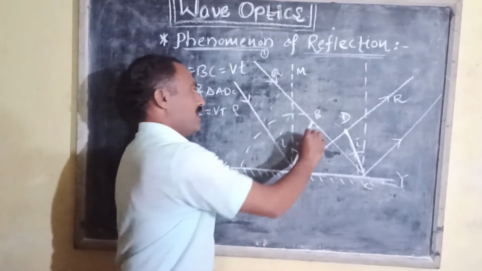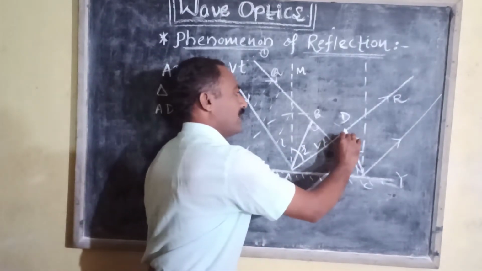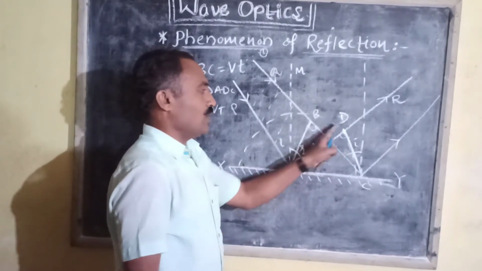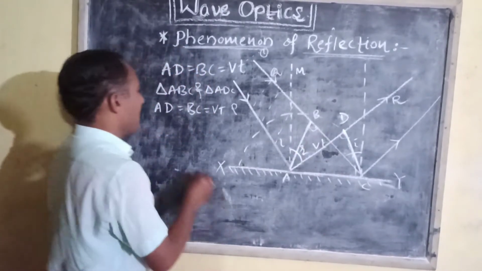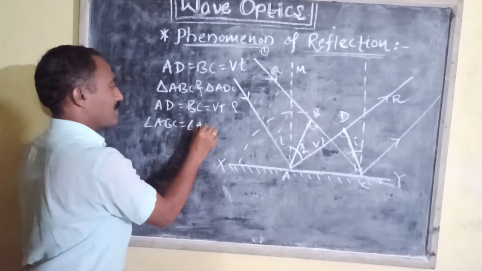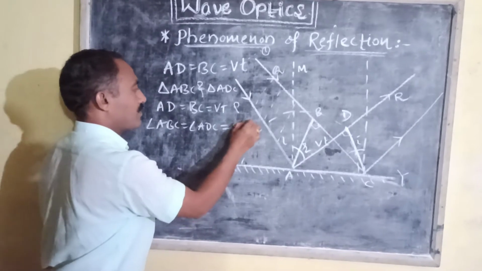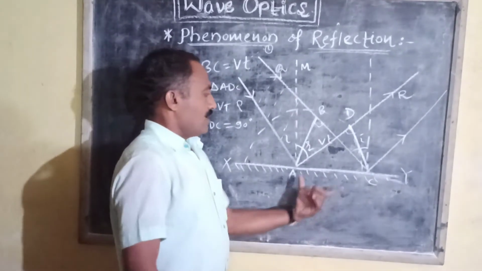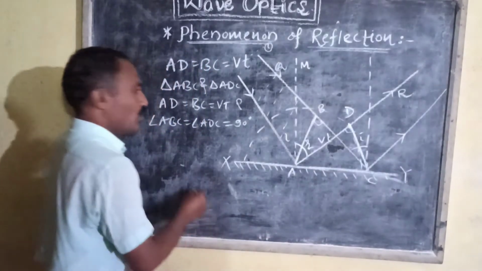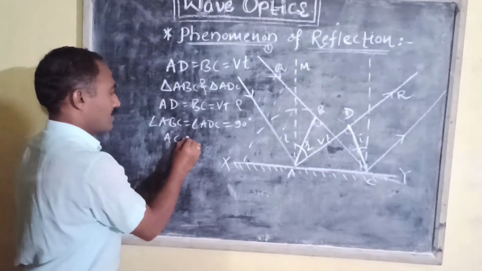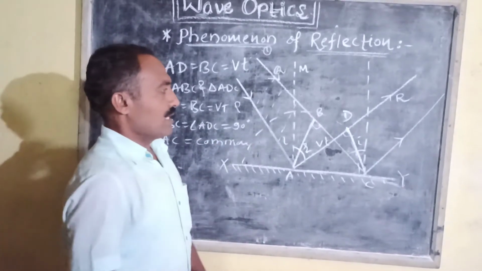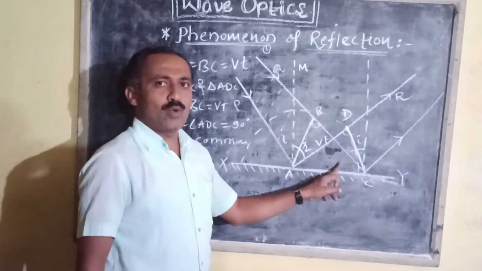Angle ABC is equal to angle ADC is equal to 90 degrees. And the side AC is common to both the triangles. Therefore, these two triangles are congruent.